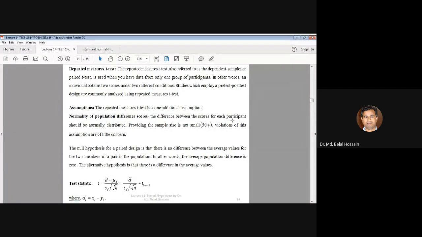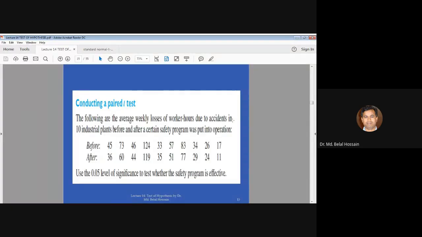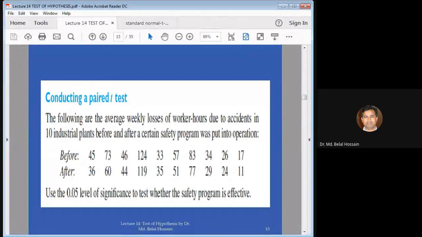So that is the pair t-test. Now let's discuss that with an example. Consider the following: the following are the average weekly losses of worker hours due to accidents in 10 industrial plants before and after a certain safety program was put into operation.